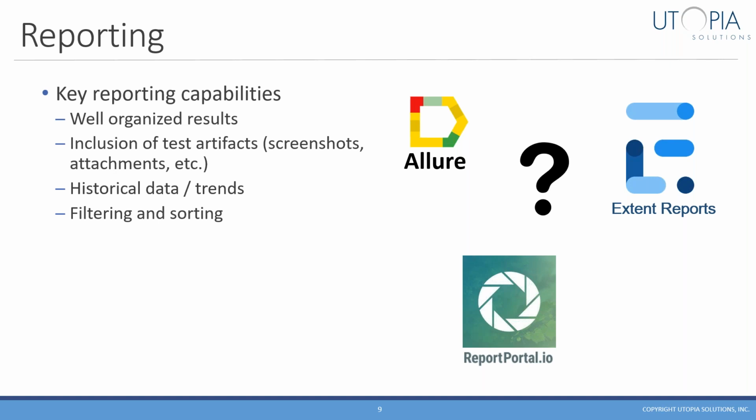Although it's nice to have nice looking reporting, the end goal is fast, accurate, factual, actionable feedback. And there's a lot of reporting libraries out there that you can include in your framework, and many of them are also really spiffy too.